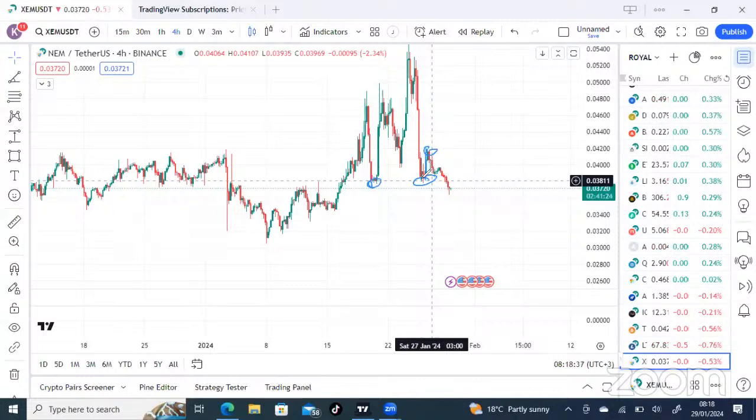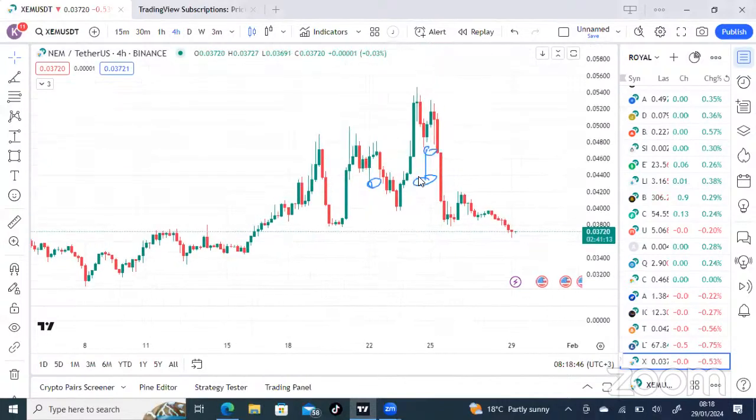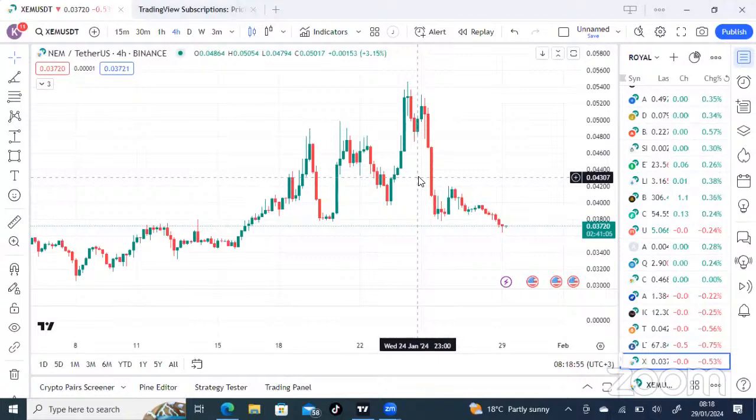Give me some answers in the chat. Let me see if I could widen my screen. Someone saying it's not clear. How many of you could agree with me that this was a very good reversal? Let me know in the chat.